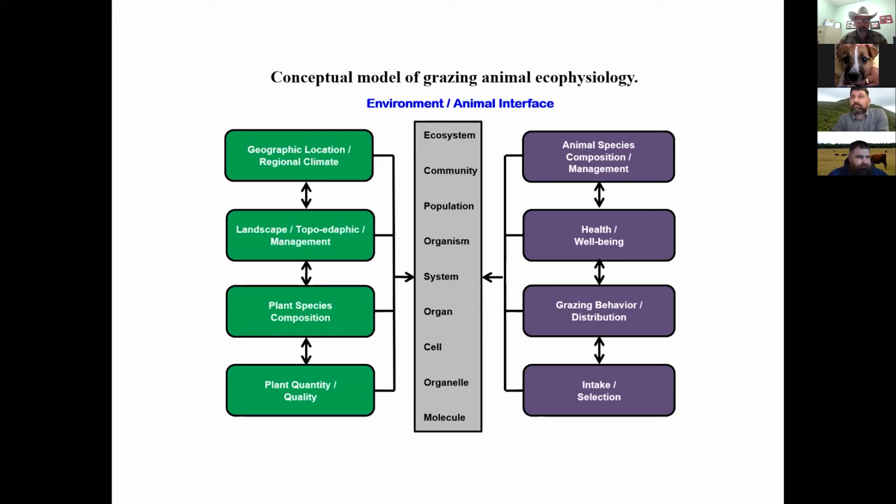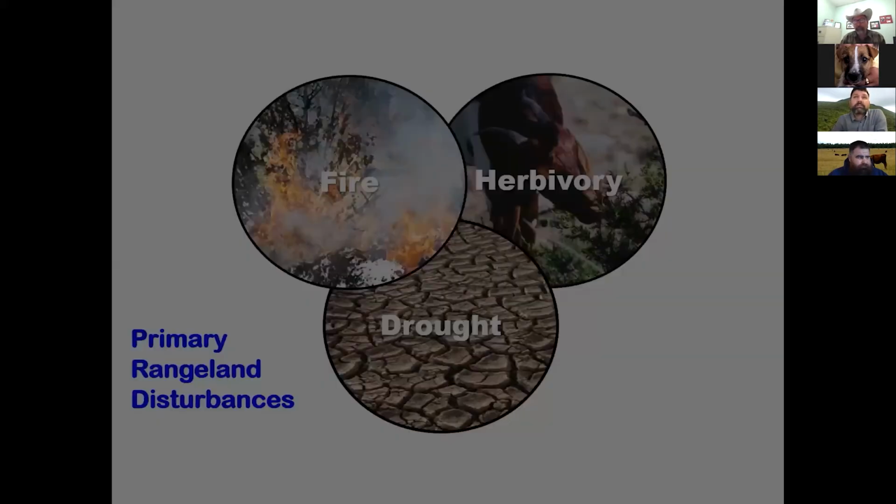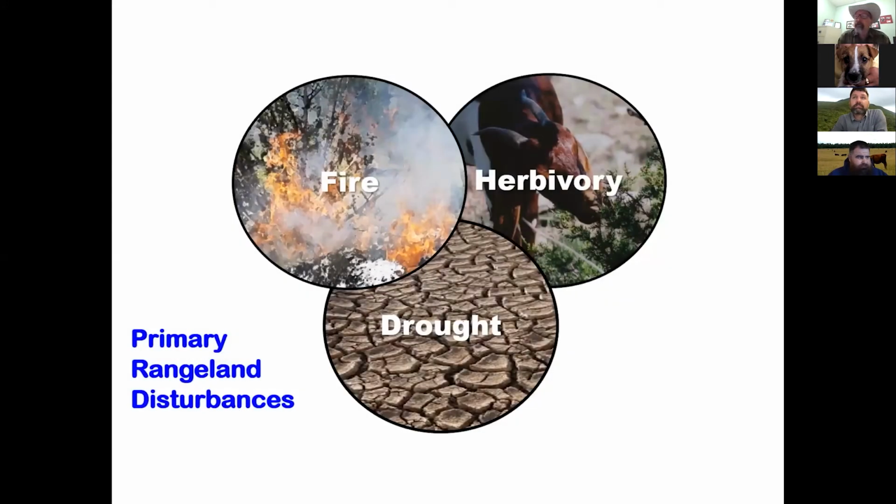Let's think about the whole picture about how animals interact with their environment and affect that environment, how that environment sets the stage for the life, the physiology, the well-being of those animals. It works both ways back and forth across that interface. So this is a little bit simplistic, but I think it will help us kind of set the stage.